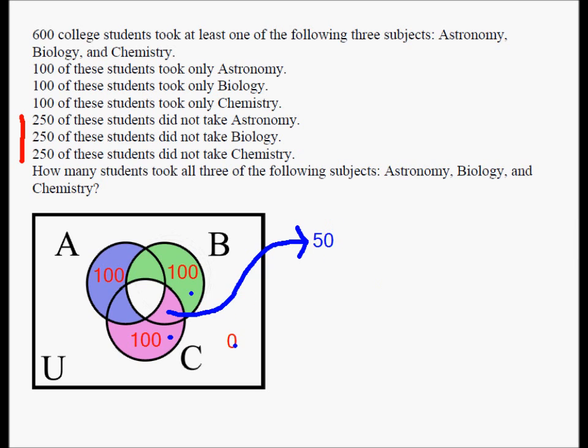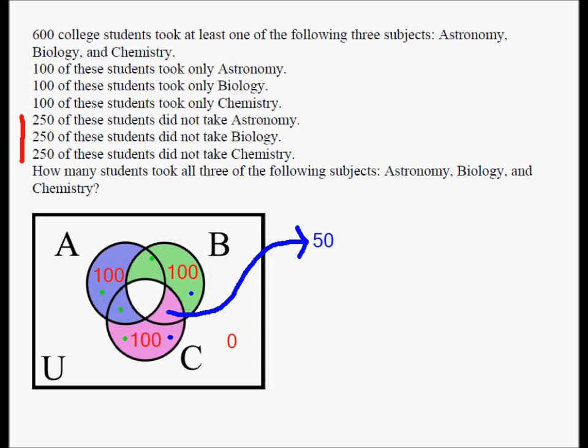Okay, let's try the next one. Did not take biology. Let's try green. Green may work. We know according to the question 250 of these students did not take biology. So that tells me these 3 numbers should add up to 250.